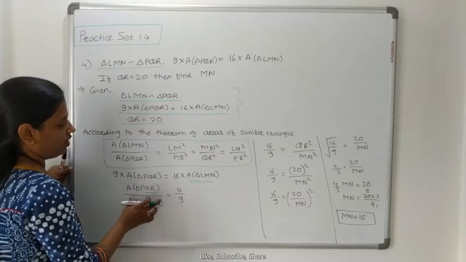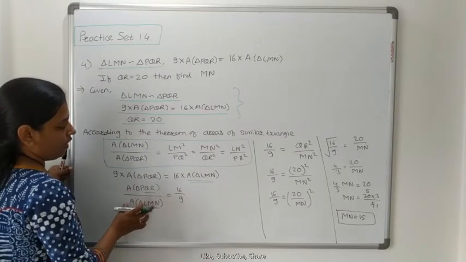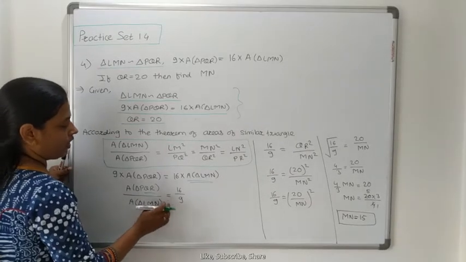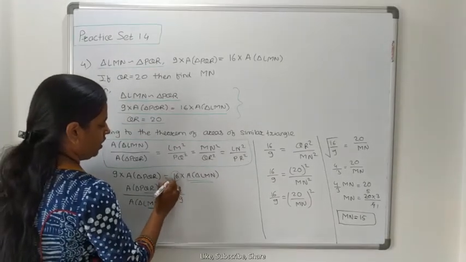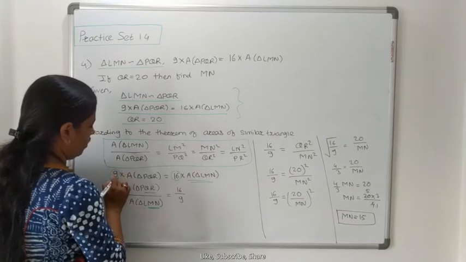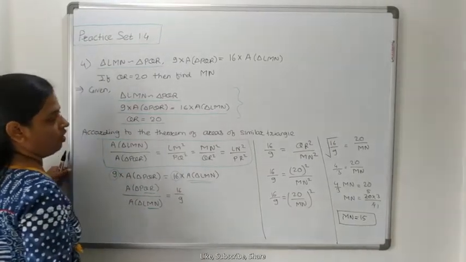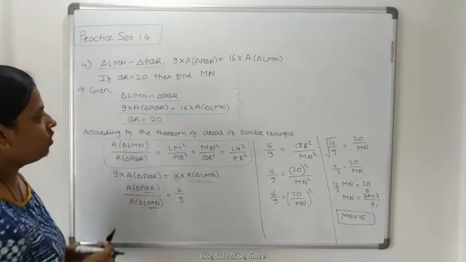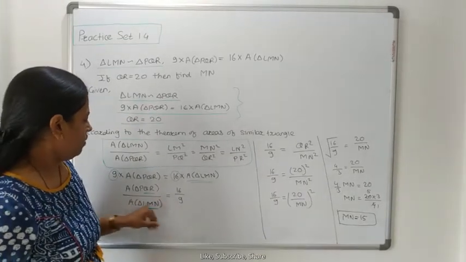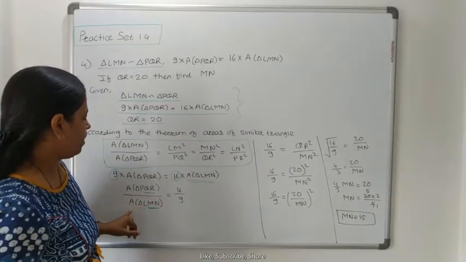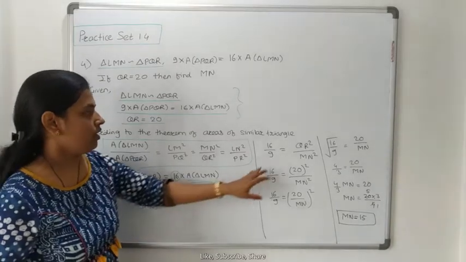That is area of triangle PQR upon area of triangle LMN is equal to 16, take it as it is. We have to change the side of 9. So it goes in denominator.